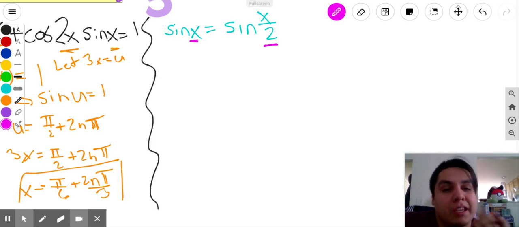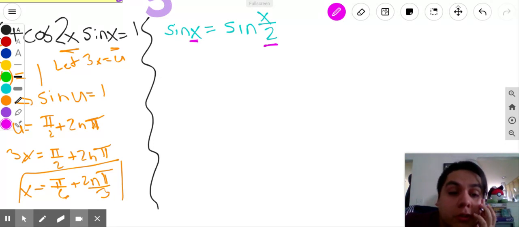If I wanted to, I could try to rewrite sine of x, but there's so many ways I could do it. I could use the sum and difference identity. I could try to force a double angle identity, or I can just focus on rewriting the right half. It's sine of x divided by 2, so I could use a half angle identity.